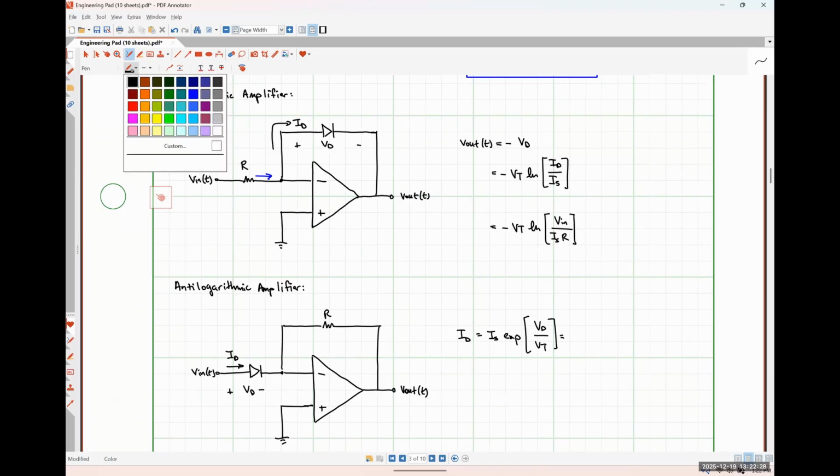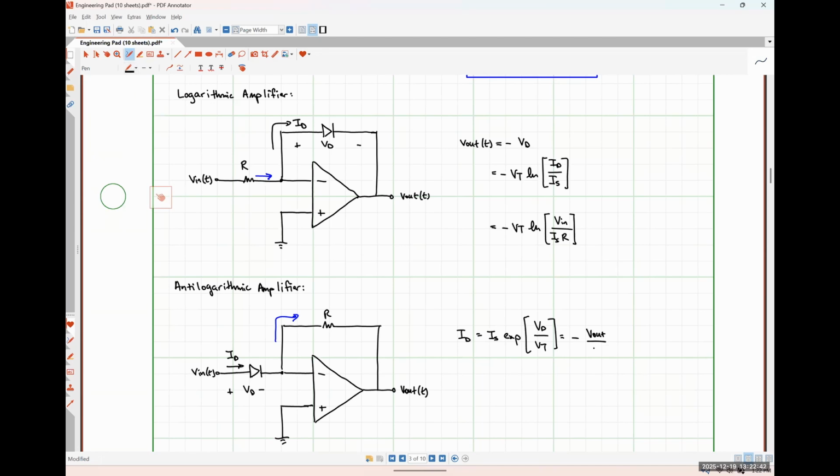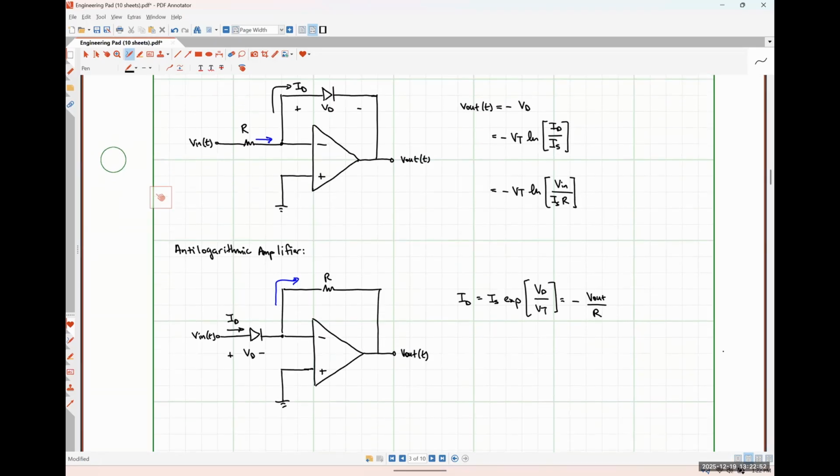And by inspection, I can also say that my diode current is just this current flowing through the resistor, which is negative V out divided by R. And rearranging those two relationships, I'll find that my output voltage for this particular amplifier, V out as a function of time, is just negative Is times R times the exponential of my diode voltage, which is just Vn in this case, over my thermal voltage.